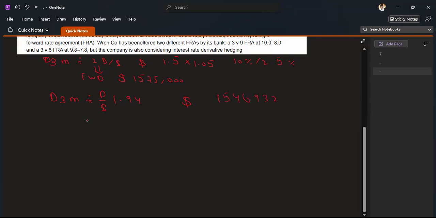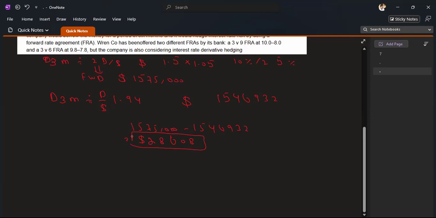So, guys, it means that if we lead payment now, we have 1,575,000 minus 1,546,932. How much is the difference? 28,068. This is the answer.